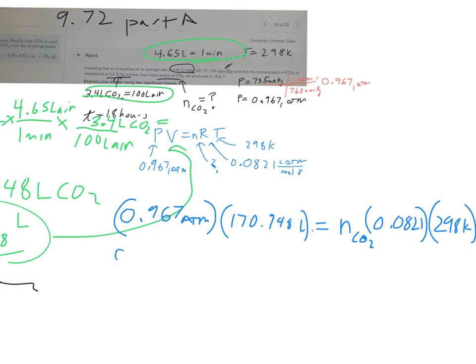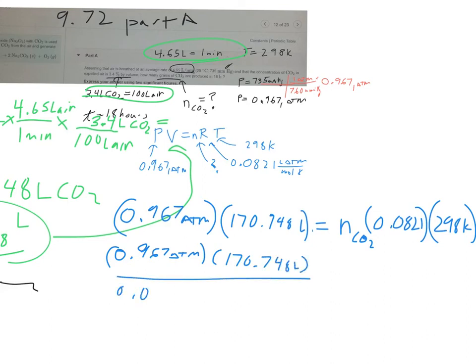So that gives me 0.967 ATM times 170.748 liters divided by 0.0821 divided by 298 Kelvin is the moles of carbon dioxide.